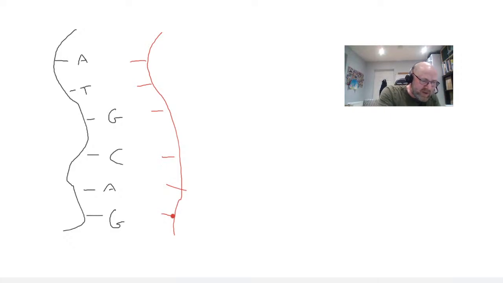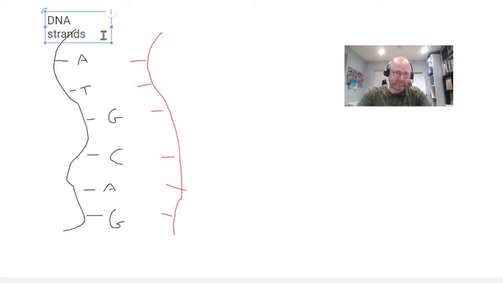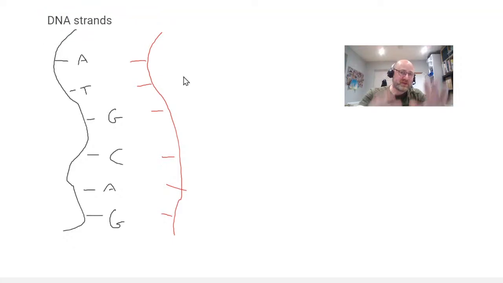But if it's mRNA, would it be U instead of T? It would be, but it's not on your specification to know that. What I was saying is this is the two strands of DNA, so there wouldn't be U's in this.